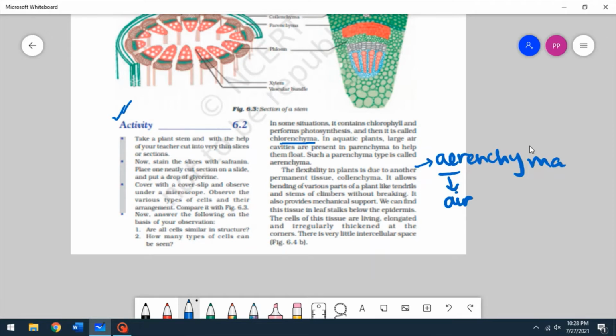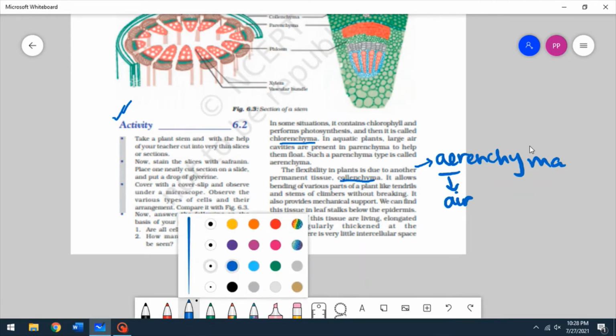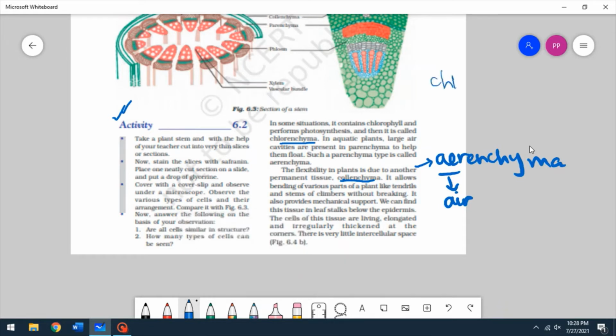The flexibility in plants is due to another permanent tissue called collenchyma. When I was doing the tissues chapter, I kept getting confused between chlorenchyma and collenchyma. Whenever my teacher said these two, they always sounded the same, and I always kept getting confused.